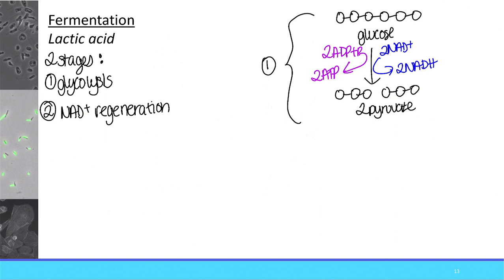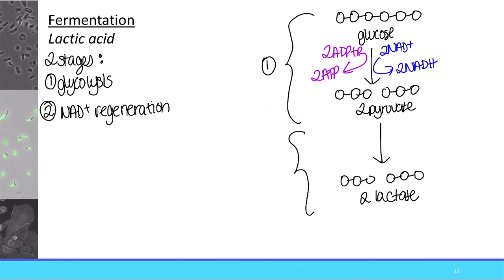In stage 2, we are going to take that 2-pyruvate that we made, and we're going to convert that into lactate. So we start with 2-pyruvate, we end with 2-lactate, and just like in alcohol fermentation during stage 2, we regenerate that NAD+.